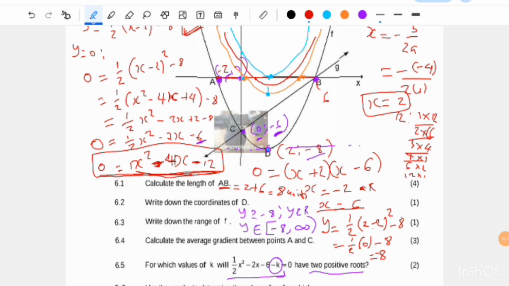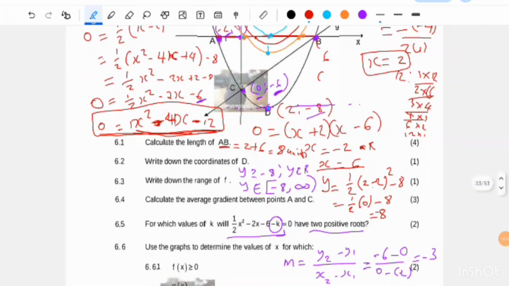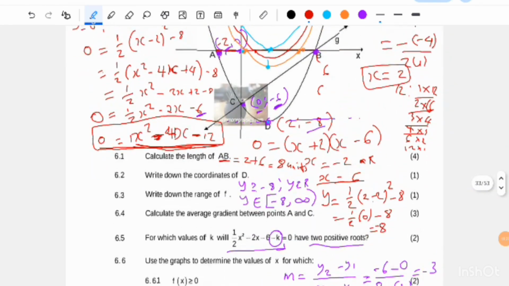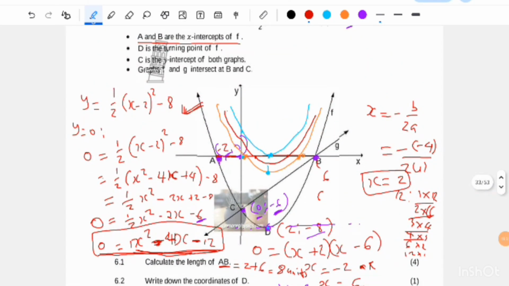In essence, what I'm trying to say is that my graph should be shifted. I'll write it here. So my graph should be shifted between 6 and 8. Should be shifted more than 6 units up, but less than 8 units up. Right? That's what we are saying. But what will be the value of k?